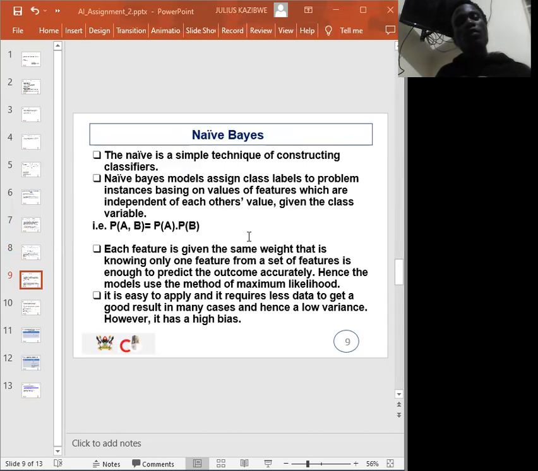And naive Bayes is a simple technique of constructing classifiers.